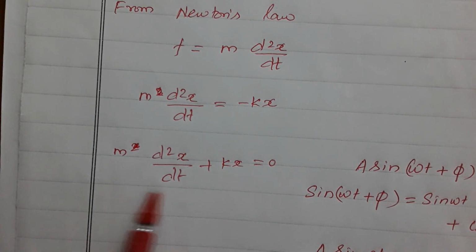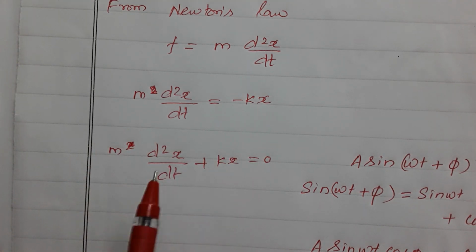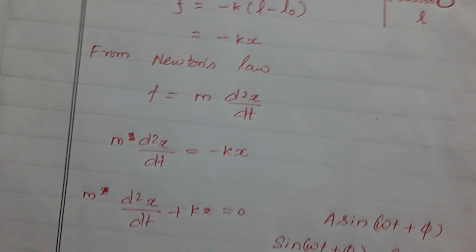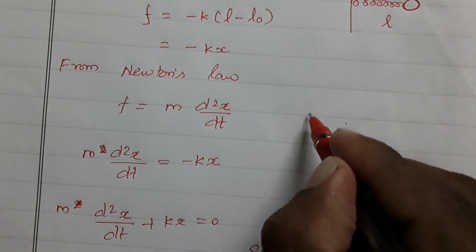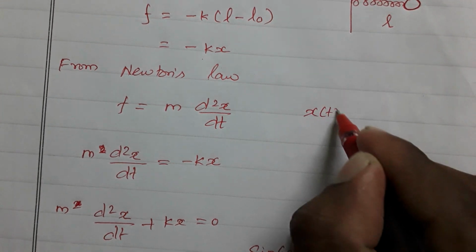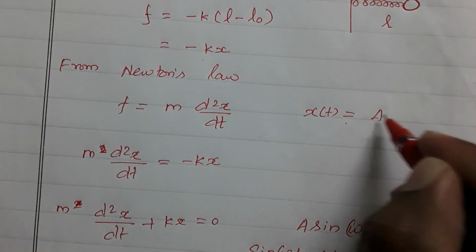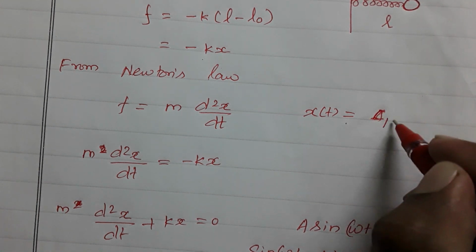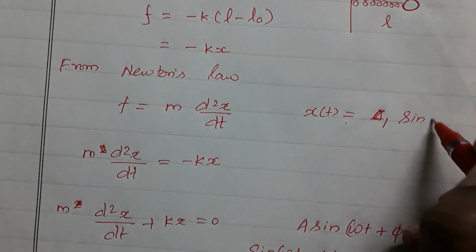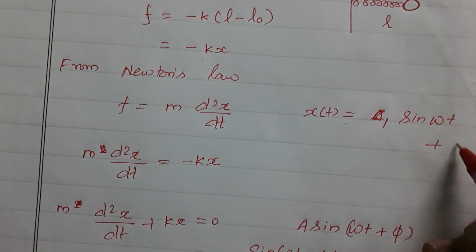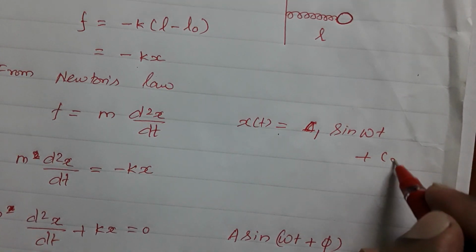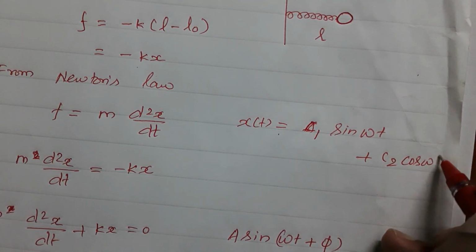Now this is a second order differential equation. It has the general solution x of t is equal to c1 sin omega t plus c2 cos omega t.